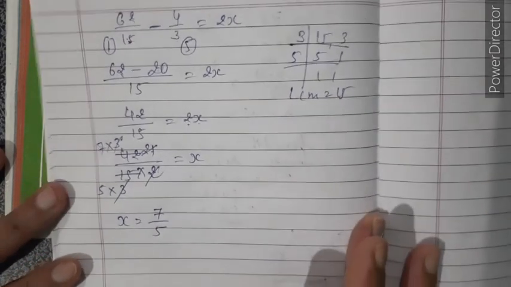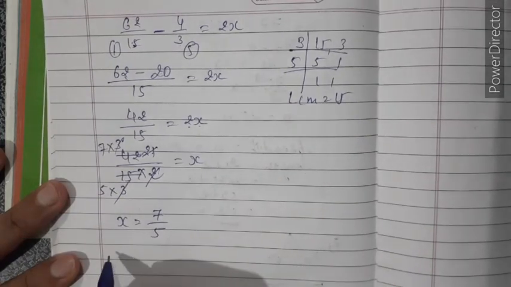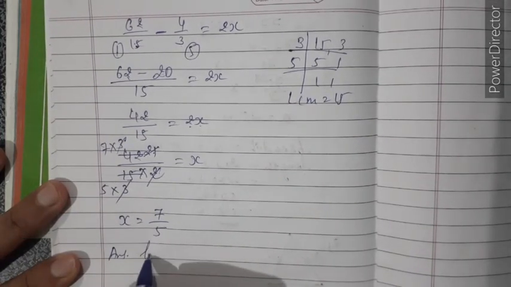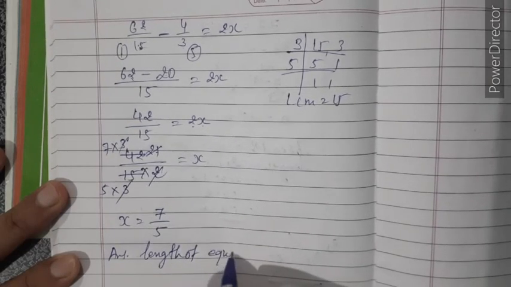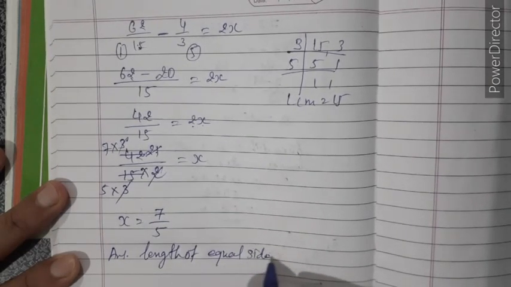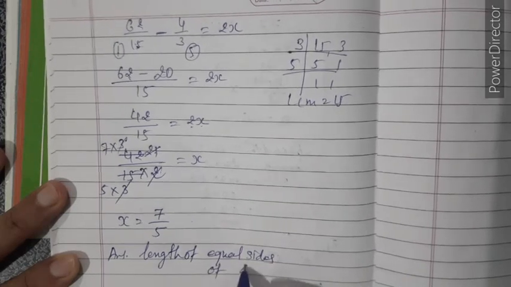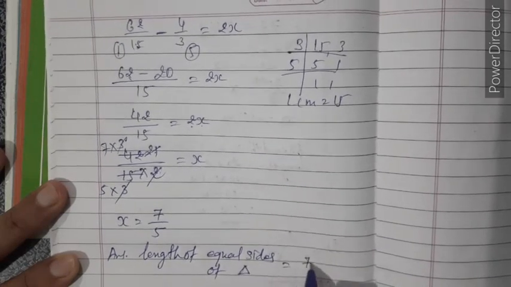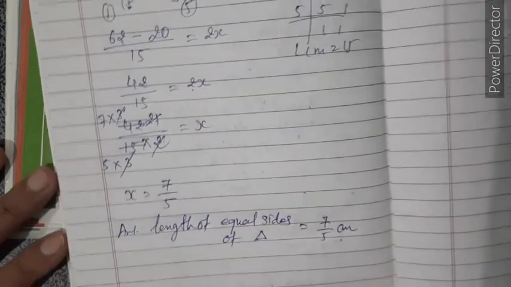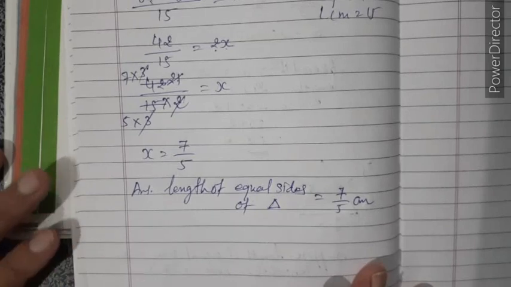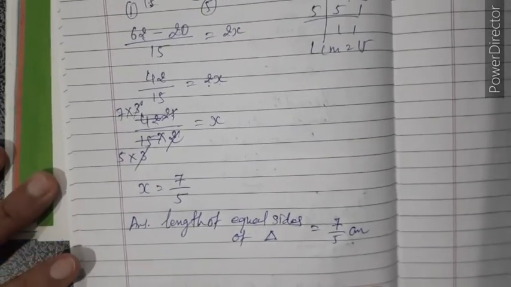Okay. So our answer, the length of the equal sides of the triangle equal to 7 upon 5 centimeter. Clear? Okay. One more sum.